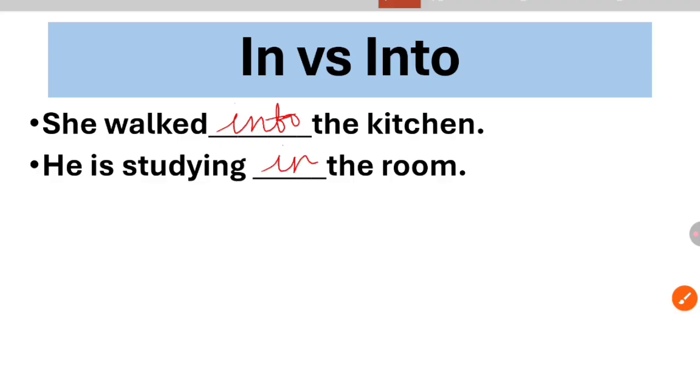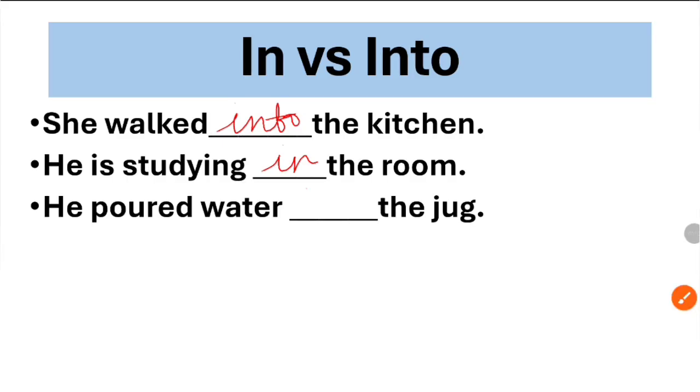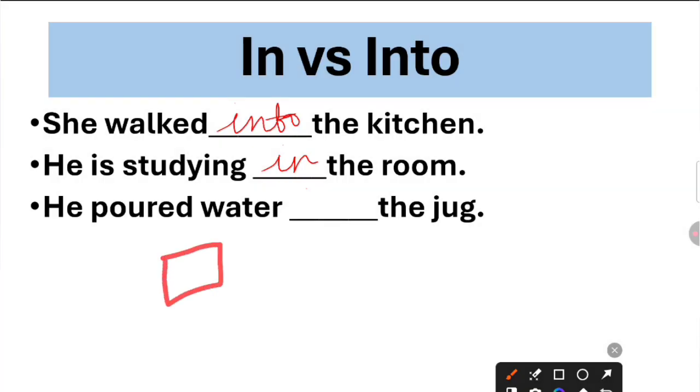Okay. Now let's take the next sentence. He poured water blank the jug. What do you think? What will be the correct answer? He poured water in the jug or he poured water into the jug? Here again let's check. Suppose there is a cup of water, and here water is being poured.